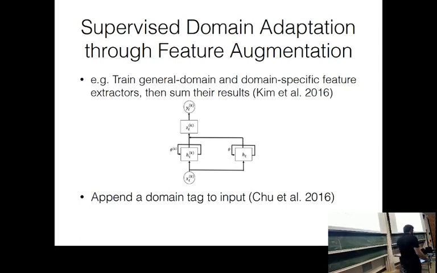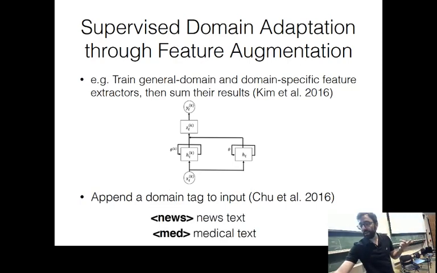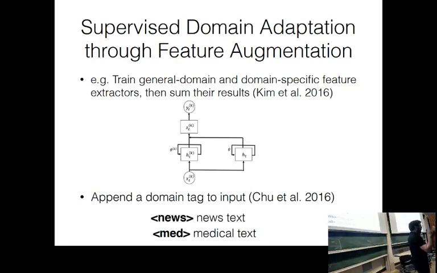Another option that you have is to append the domain tag to your input, so that you teach the model even during training that the text you're training on now comes from the news domain. That way you will also learn embeddings for these tags, right?